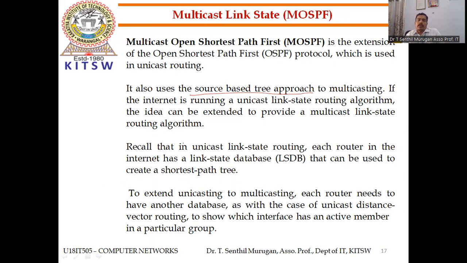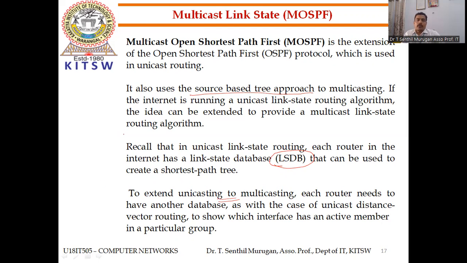But how does it work? If the internet is running the unicast link state routing algorithm, the idea can be extended to provide the multicast link state routing algorithm. We know the link state database; based on the database, the router will forward the datagrams. So how are they extending unicast to multicasting?